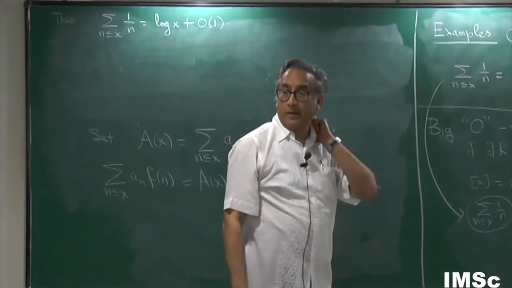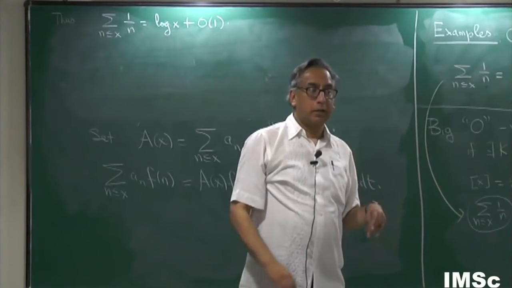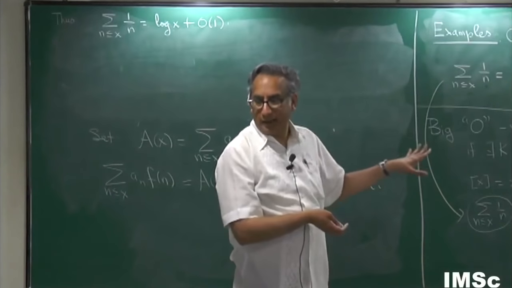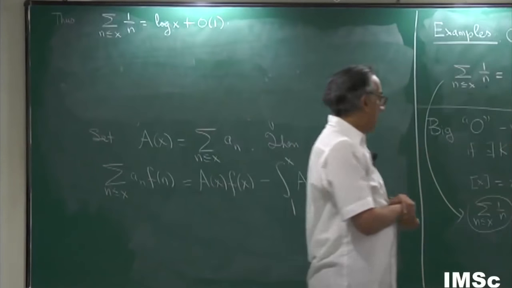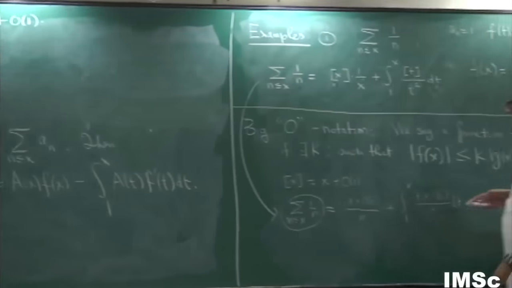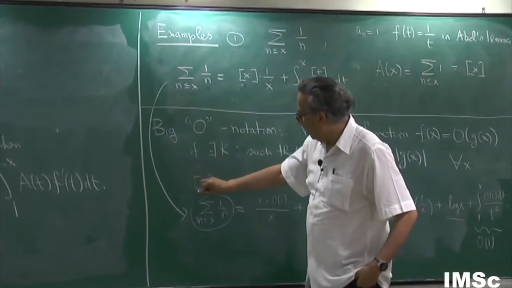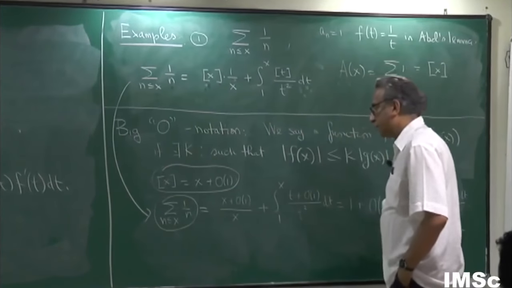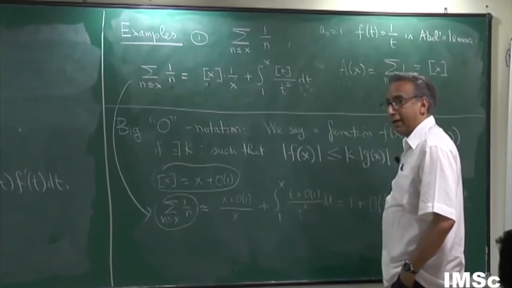Okay? Now, if you look at this proof, you can actually do better than this. Because you wasted a few things. So we go back and check what it is that we wasted. Now, I wrote my function greatest integer of x as x plus O of 1.